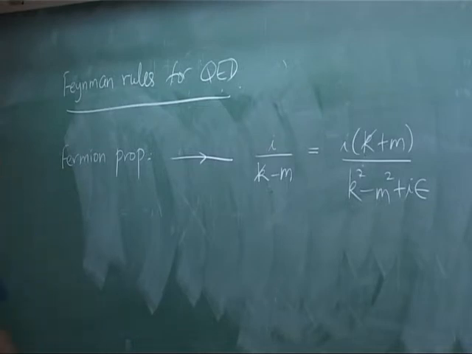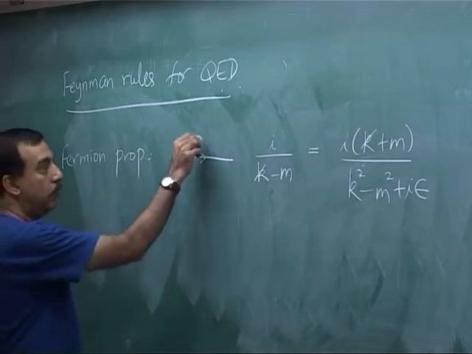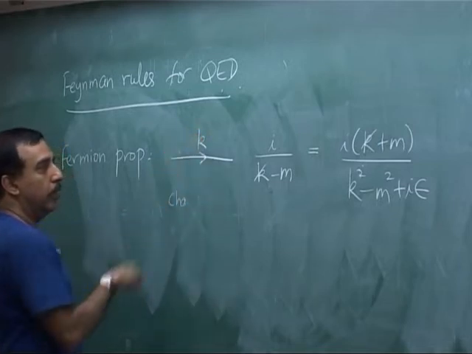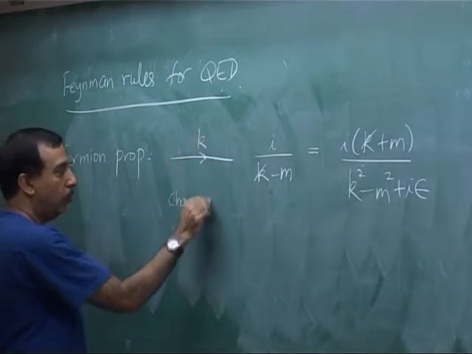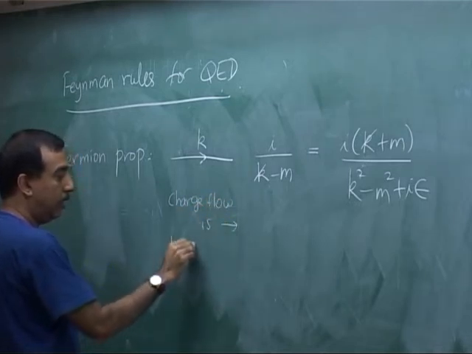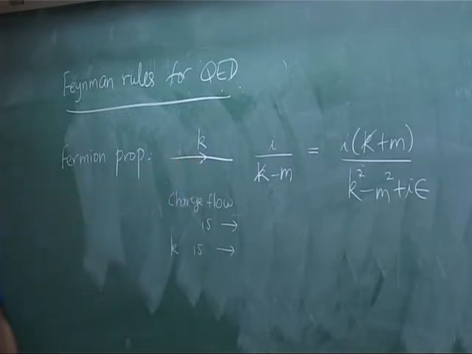So our convention is as follows. If we just write this, it means charge flow is that way. If we write this with a momentum k, then charge flow is like this and k is also like this.